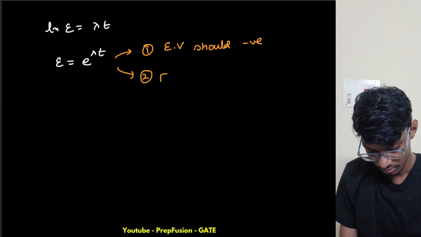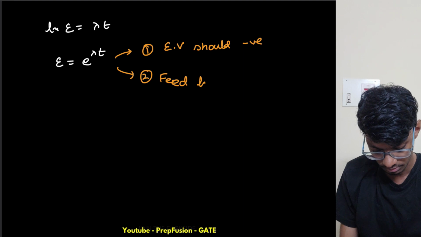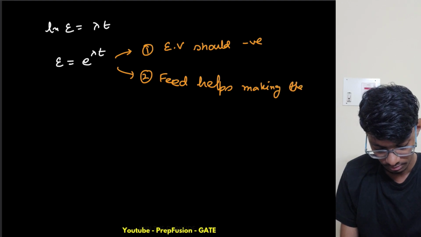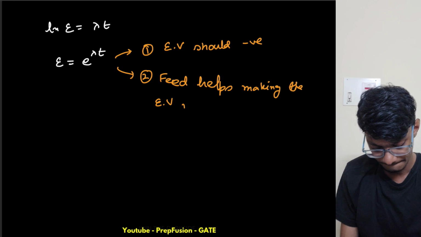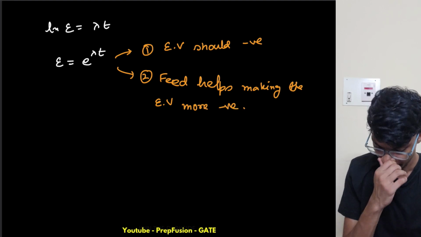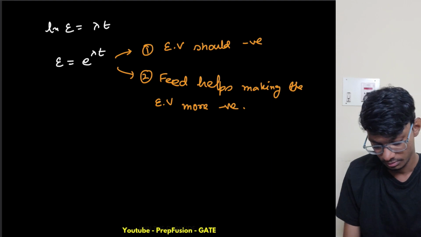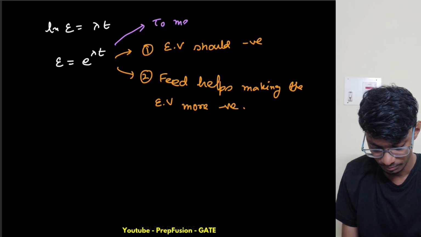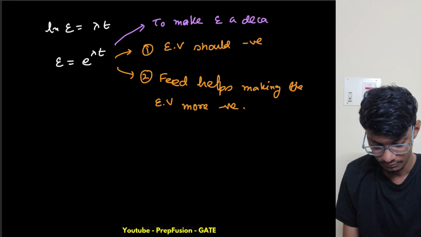What do you understand? Feedback helps make the eigenvalue more negative, and to make the error a decaying function.